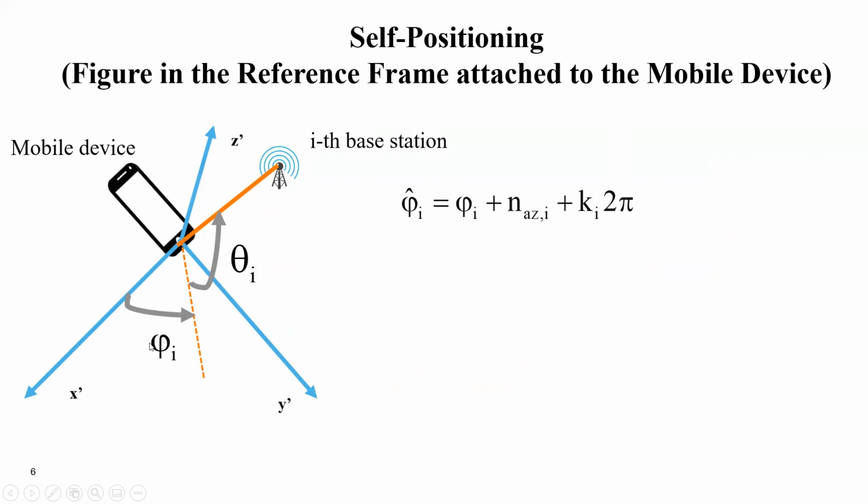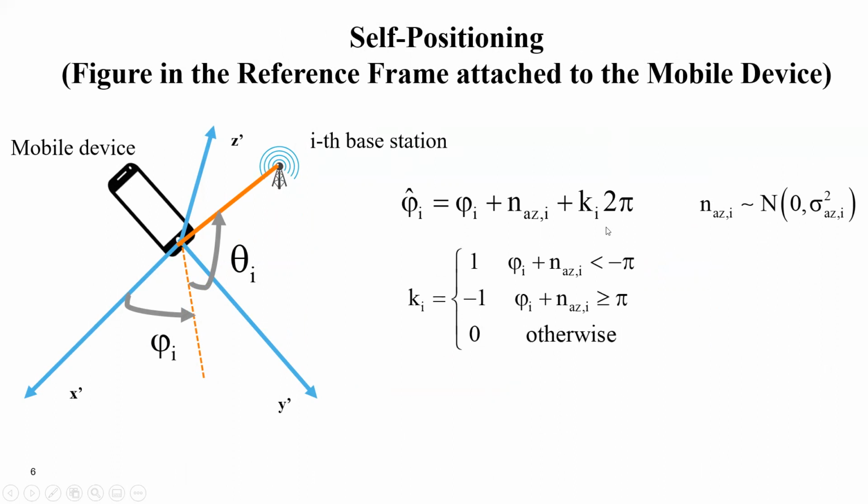We have phi i as the true azimuth and theta i as the true elevation. Therefore, the estimated azimuth equals the true value plus the azimuth estimation error, and a value k i multiplied by 2π, where the azimuth estimation error is assumed to be zero-mean Gaussian distributed, and the value of k i is 1, -1, or 0, depending on the sum of phi i and the azimuth estimation error.